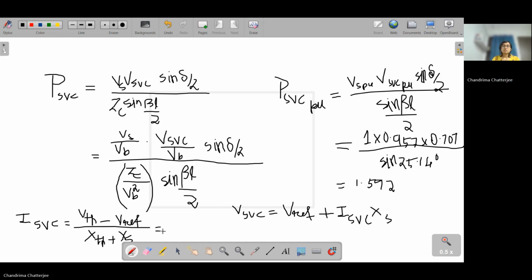Okay, so V Thevenin we can calculate. What is V Thevenin? It is cos 45 divided by cos beta L by 2.